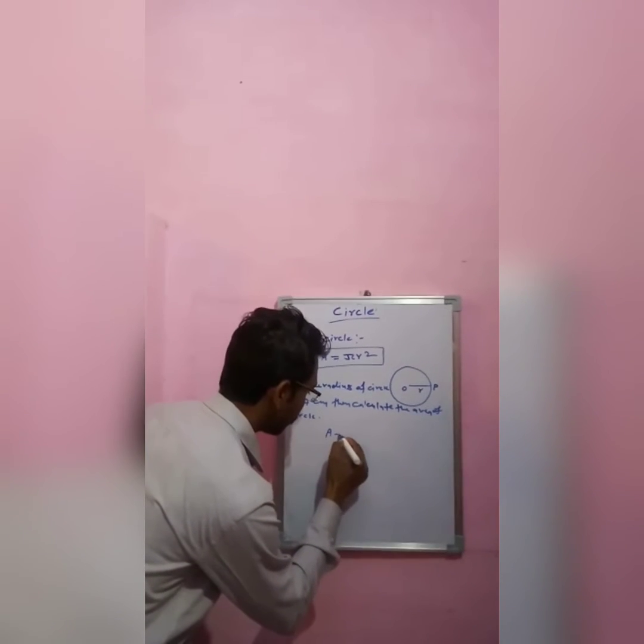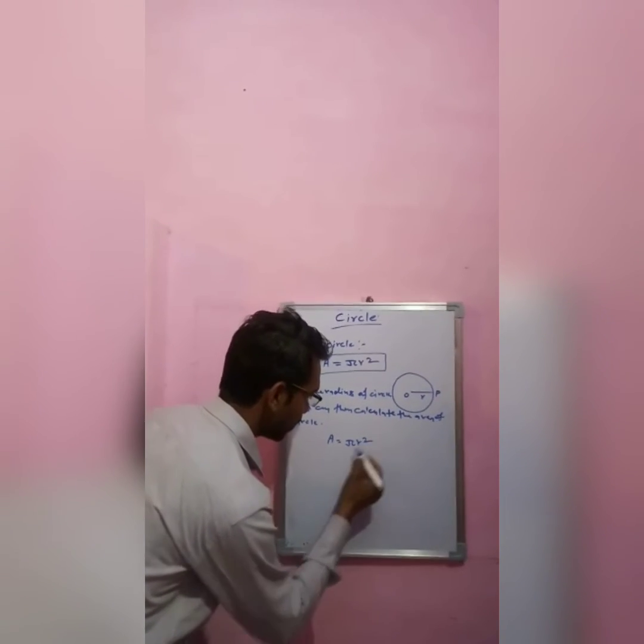We can use this formula A equal to pi r square.